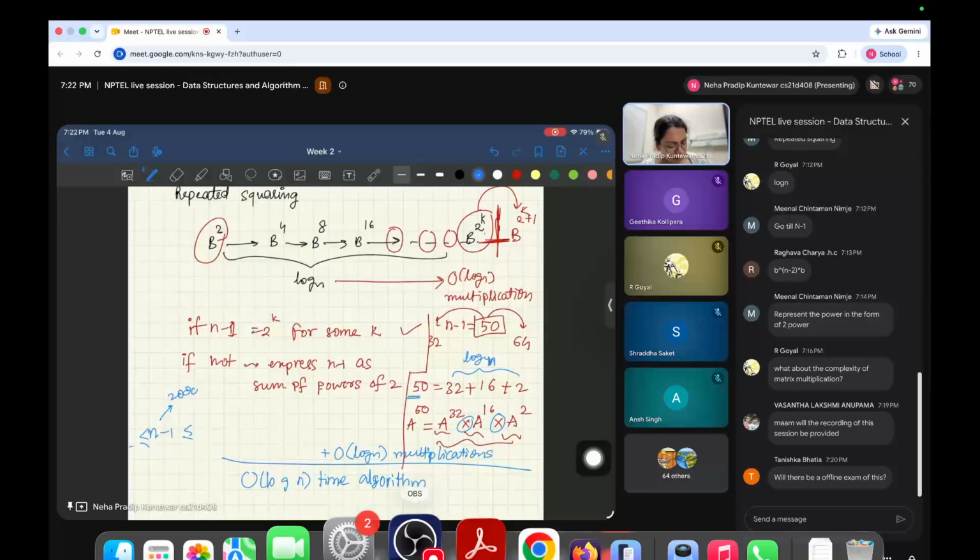So this should be between 2 to the 10 and 2 to the 11, I think. Correct. Now with respect to 2000, this 10 and 11 are very small numbers, right? It's logarithmically small.